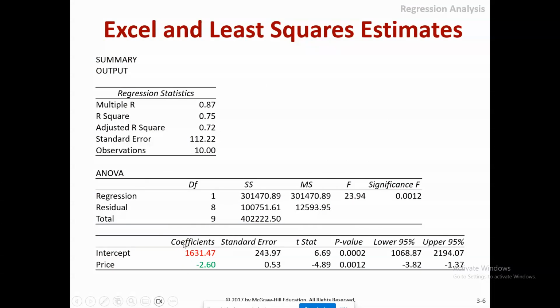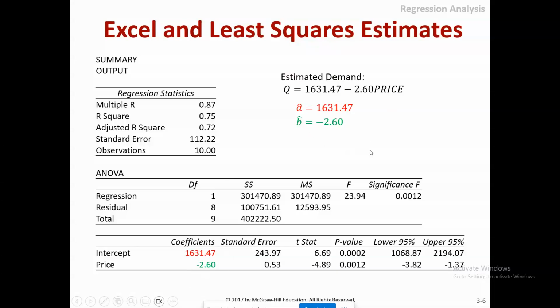What we care about first is the coefficients over here. Having this, we can write down the estimates of the vertical intercept and the coefficient in front of price.